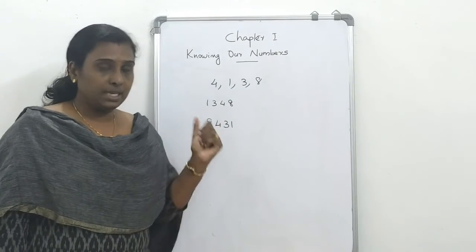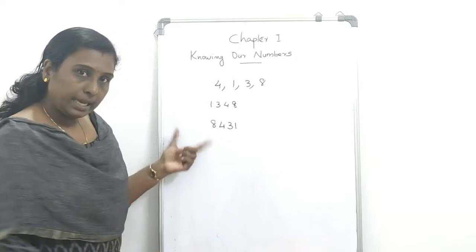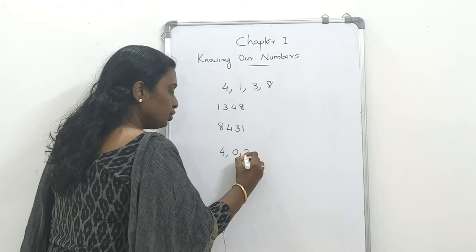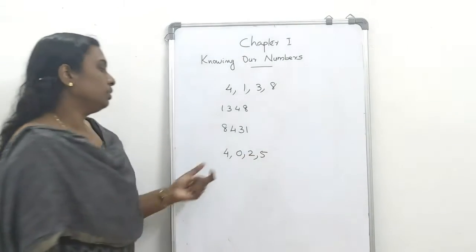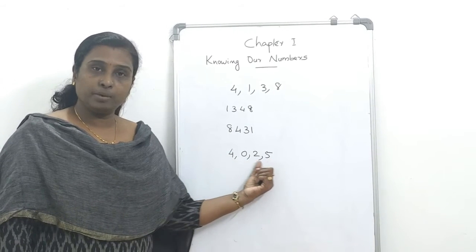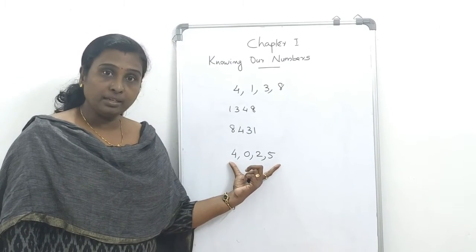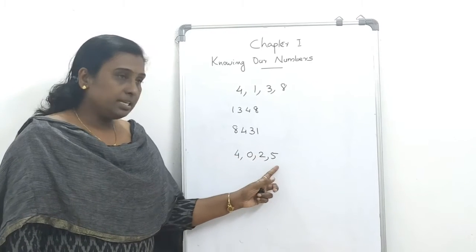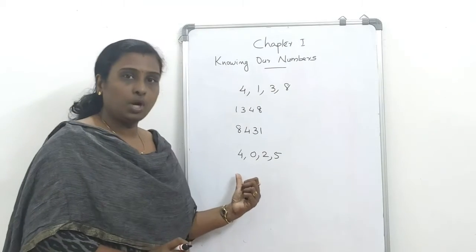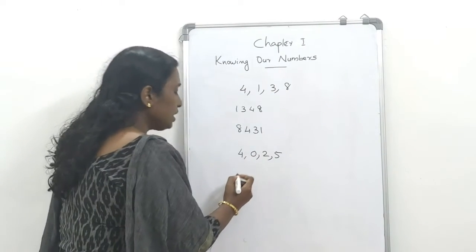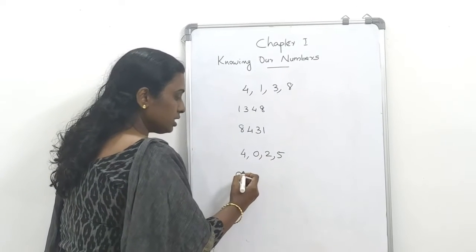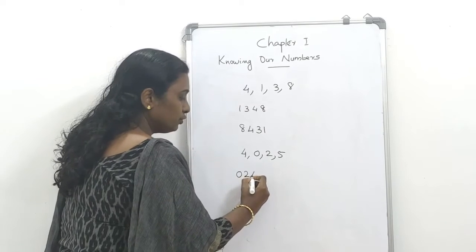There is one exceptional case to examine. For example, consider the digits 4, 0, 2, 5. To find the smallest 4-digit number from these digits, how can we find it? First write these digits in ascending order. Ascending order means from smallest to largest. The smallest digit here is 0. Second smallest is 2. Then 4.